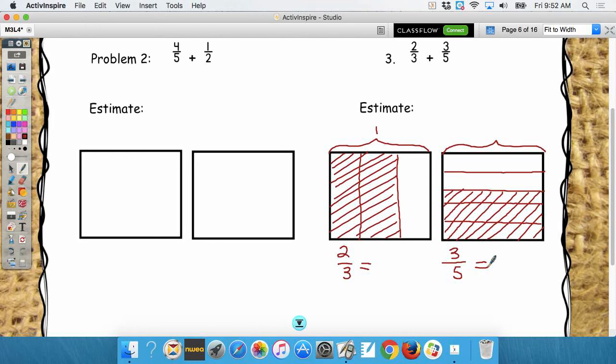Okay, take a look at my shaded pieces. Okay, don't start the problem just yet. Let's do an estimate. That way we'll know if we need to do that whole one whole part, okay? So looking at these shaded parts, if I would turn this, hey, maybe I could.